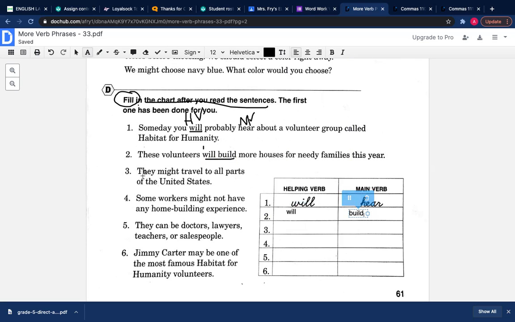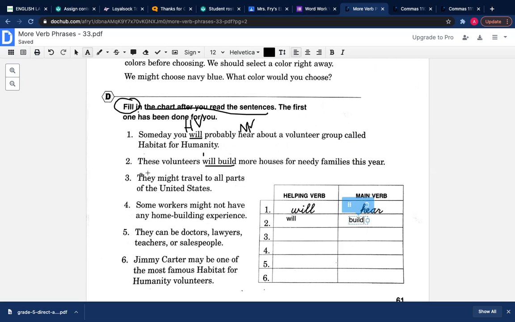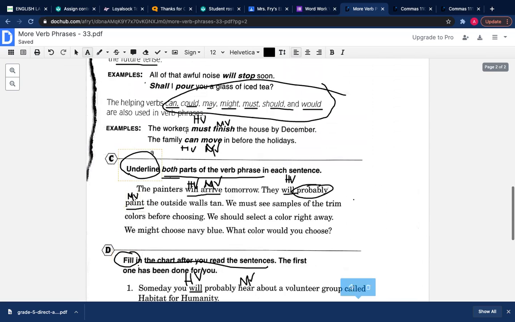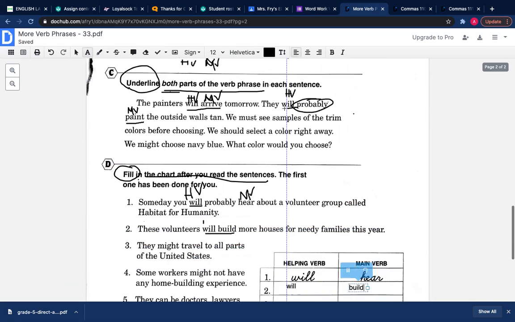The next one, they might travel to all parts of the United States. Okay. Our subject here is they. What will they do? And then take a look to see if one of those is located in this sentence, because that would be our helping verb.